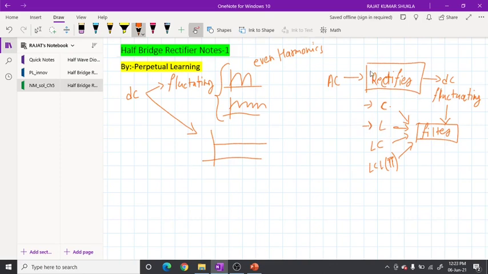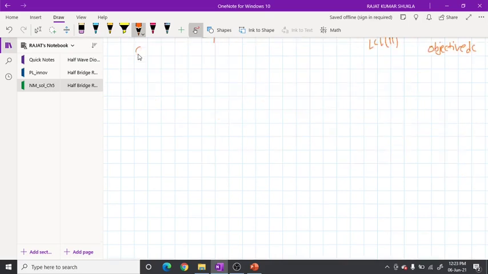I am just showing you what the rectifier will do, and the objective DC we will get. Based on the configuration, that is, the circuit topology, the first rectifier is a half wave rectifier.